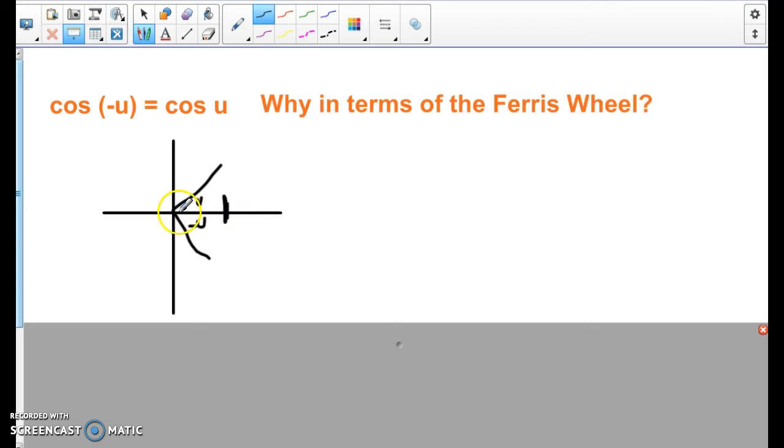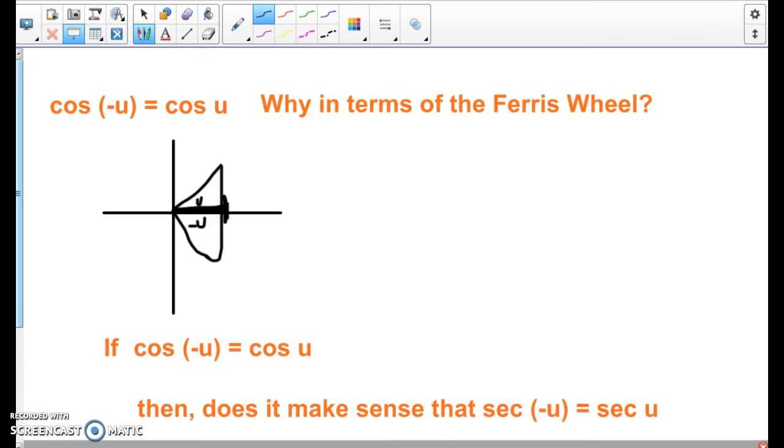If I make the triangle, I'll make the whole entire triangle. This is the cosine value of positive u, and it happens to be the same for negative u. Therefore, they're equal. What logically follows if those two are equal? Well, then the secant of negative u equals the secant of u.